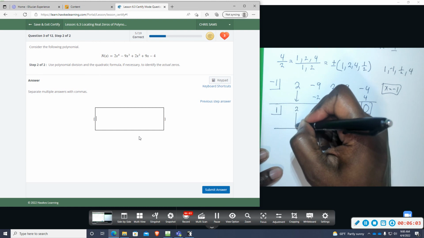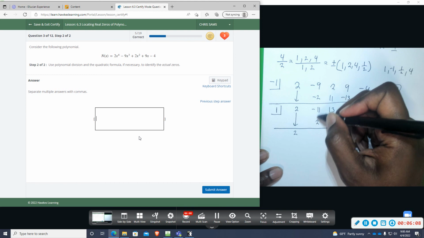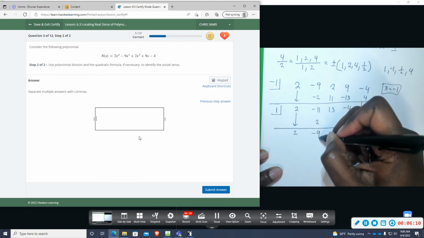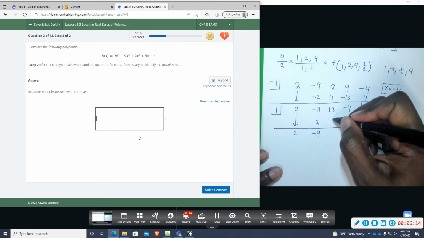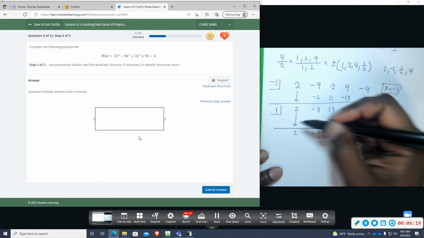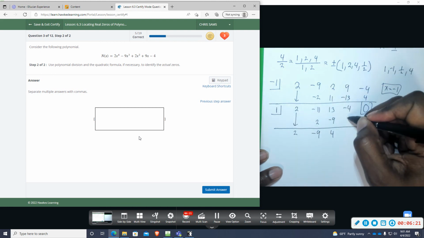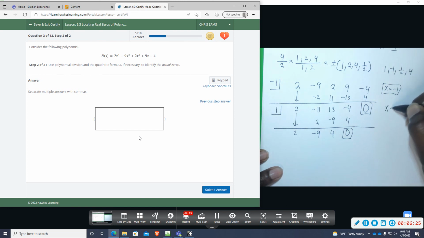So I'm going to bring my first term straight down. 1 times 2 is 2, combine, and that gives me a negative 9. 1 times negative 9 is a negative 9, combine, and that gives me a positive 4. 1 times positive 4 is 4, combine, and we get a 0. So x equals 1 is also a 0.